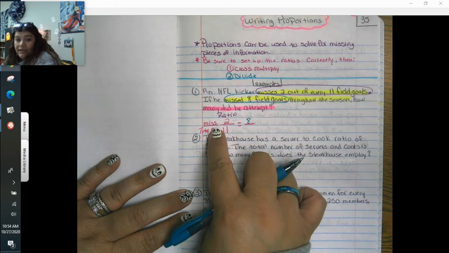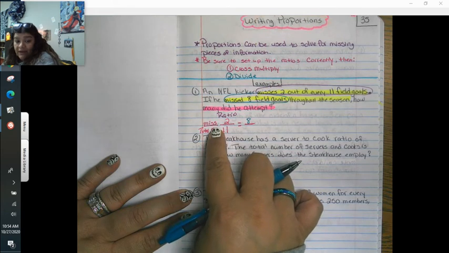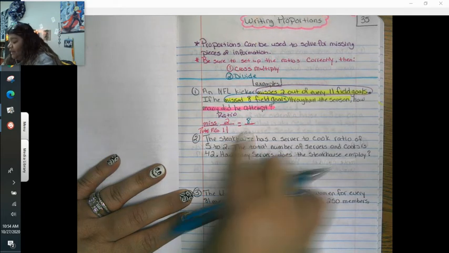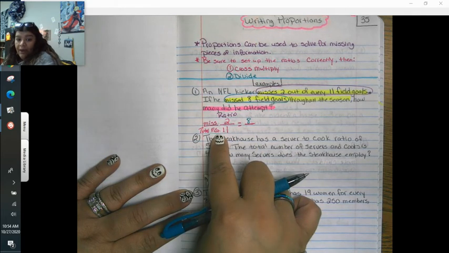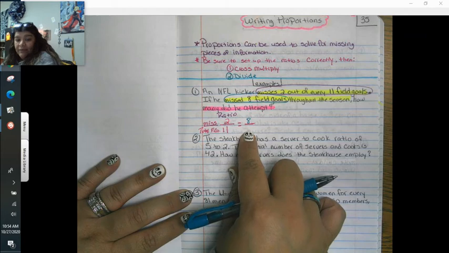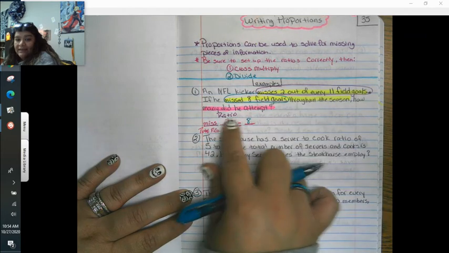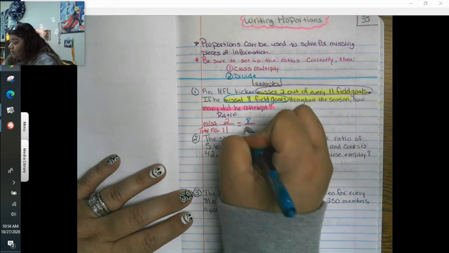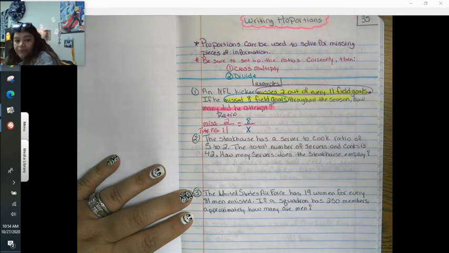When you put the unit, that tells you whatever he missed, if you get a number, that goes on top. That's your numerator. The total amount will be on the bottom. So if you keep on reading, it said, how many did he attempt? We don't know the total he attempted, so that is where you're going to put your variable.